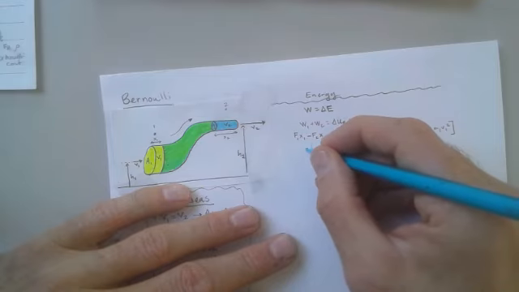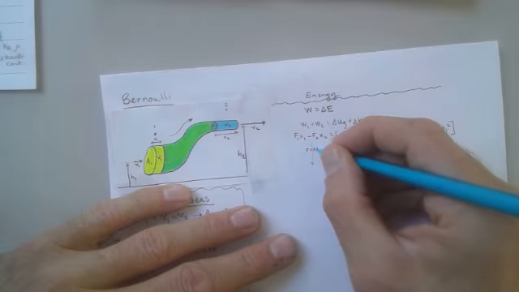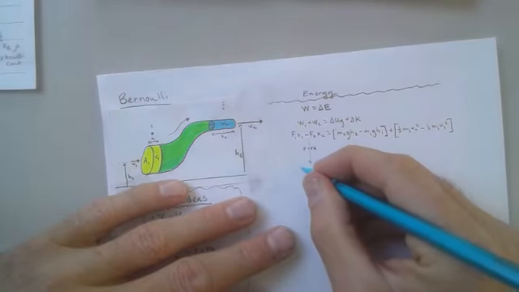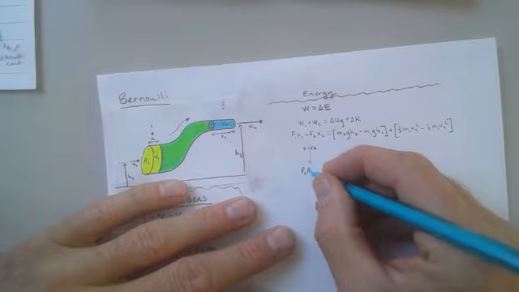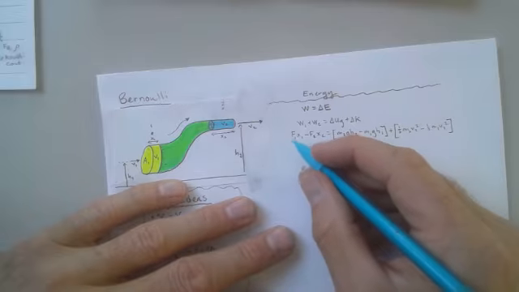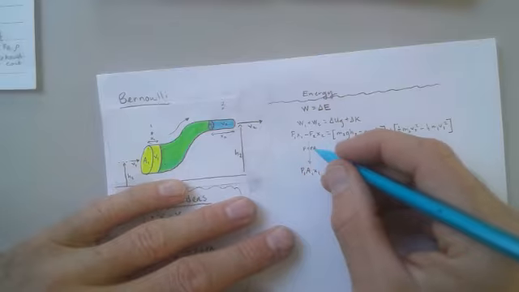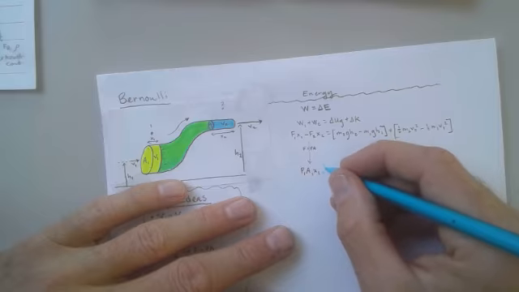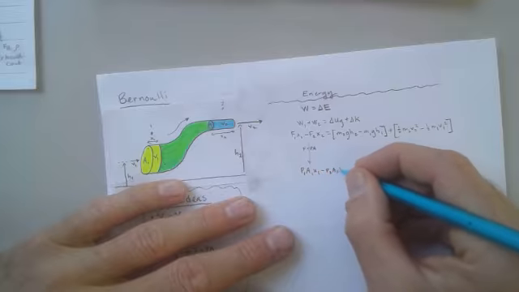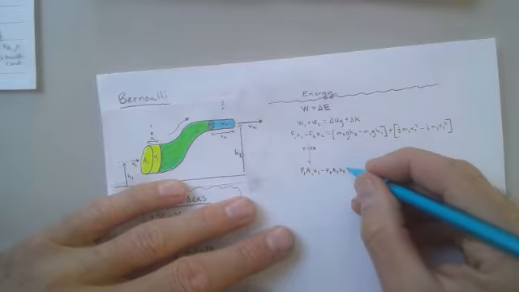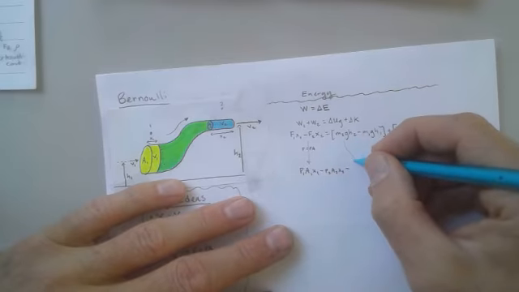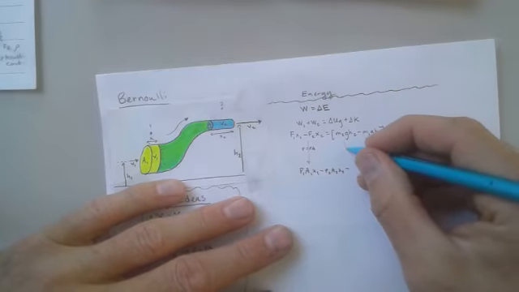Okay, so from here, we can do some fancy substitutions. We know that force is pressure times area. So we can say pressure 1 times A1 times x1, minus pressure 2 A2 x2 equals, and then we're going to make a little fancy substitution here.